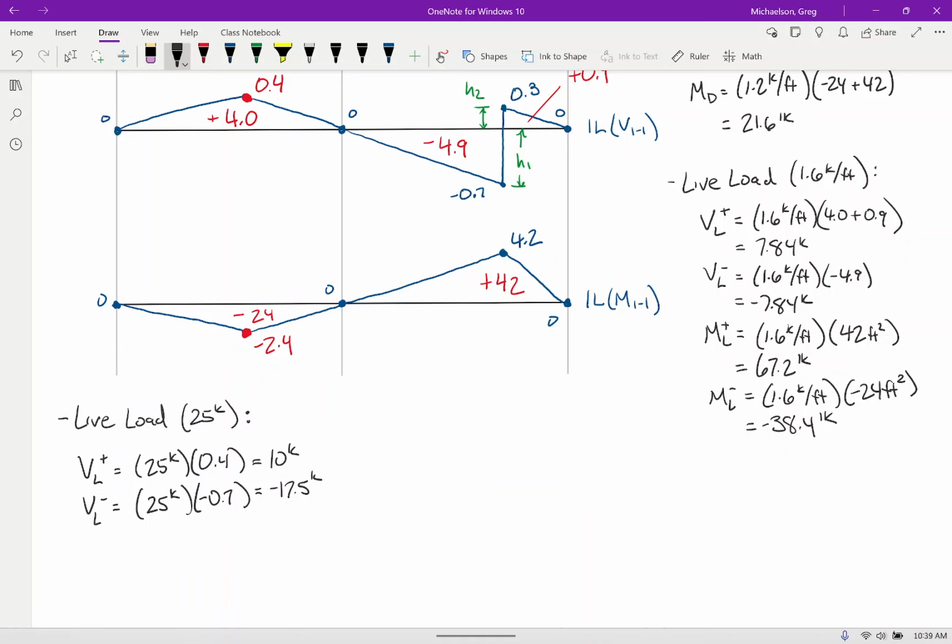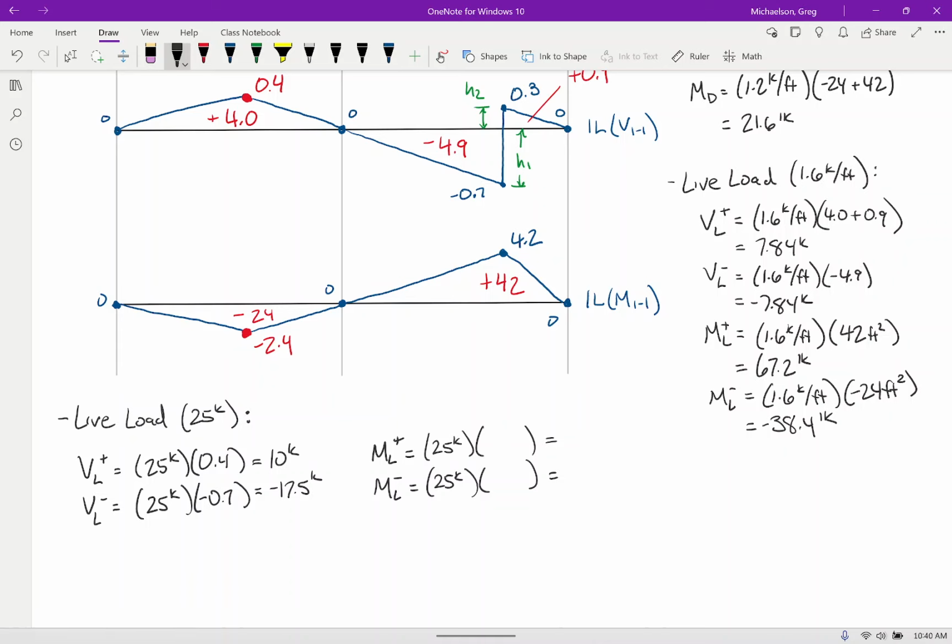What about moment? Let's do a moment. What do we get for the moment? So we're going to have 25 kips times something. What's the worst case positive value? 4.2.